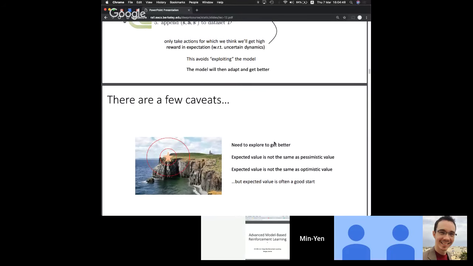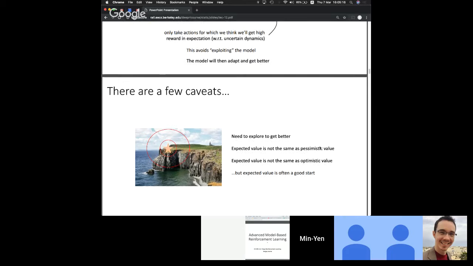If you want a very pessimistic value, then you can take the bottom 10% of what your model thinks are the correct estimates. If you want to be very optimistic about all the possible rewards, then you take the top 10% or something. He also mentioned some papers that do these kinds of tricks, but expected value in general is often a good start. That was his point.